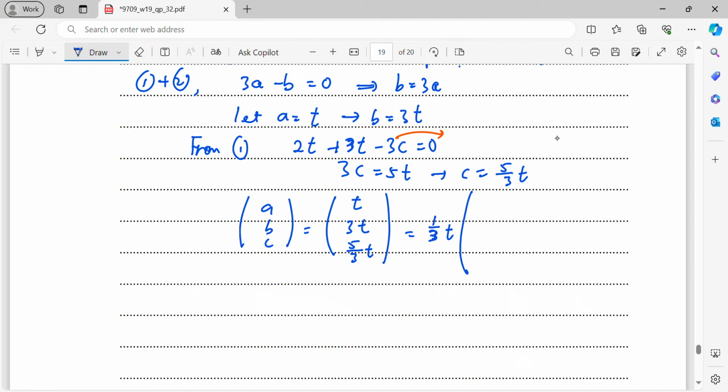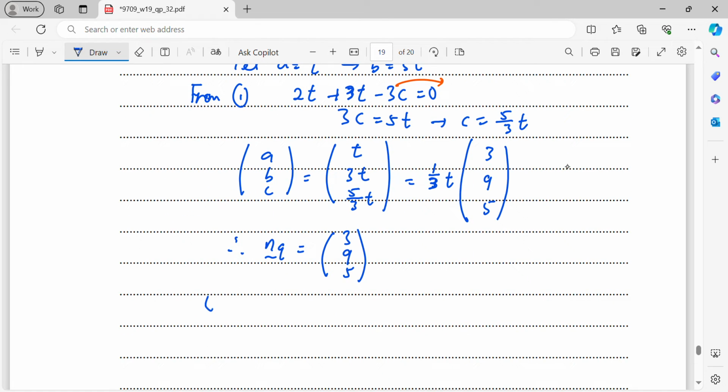So when I factorize 1 over 3 T, the first one left is 3, the second one is basically 9, and the last one is 5. Then from here, I will say that my NQ is (3, 9, 5), because that is parallel to this vector.